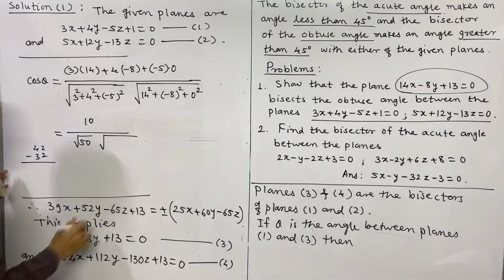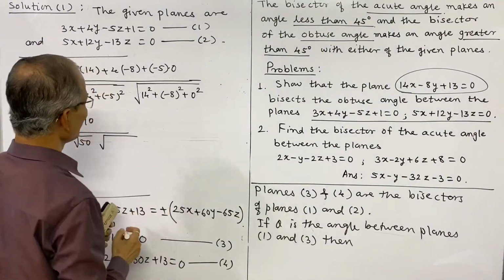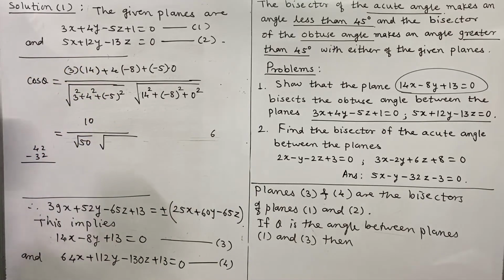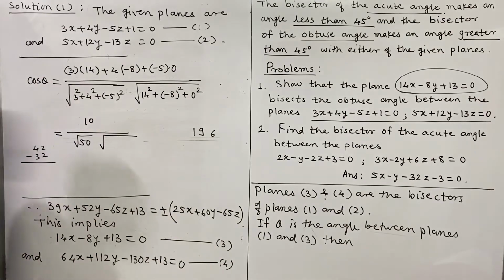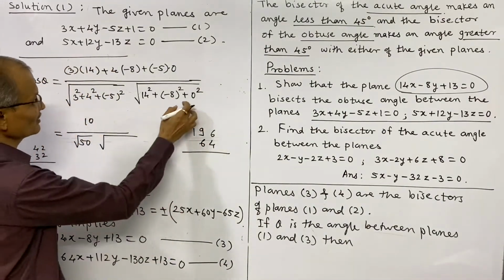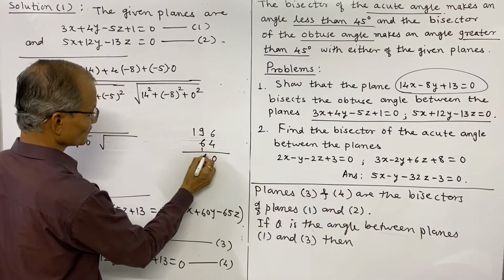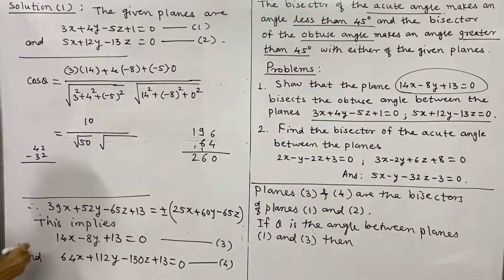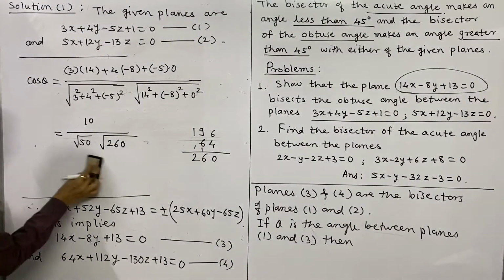This we have to calculate. The square of 14 is 196. Check it. Yes, 196. And square of 8 is 64. The last is 0. And the sum of this is 260. This is what we have obtained under the root for cos theta.